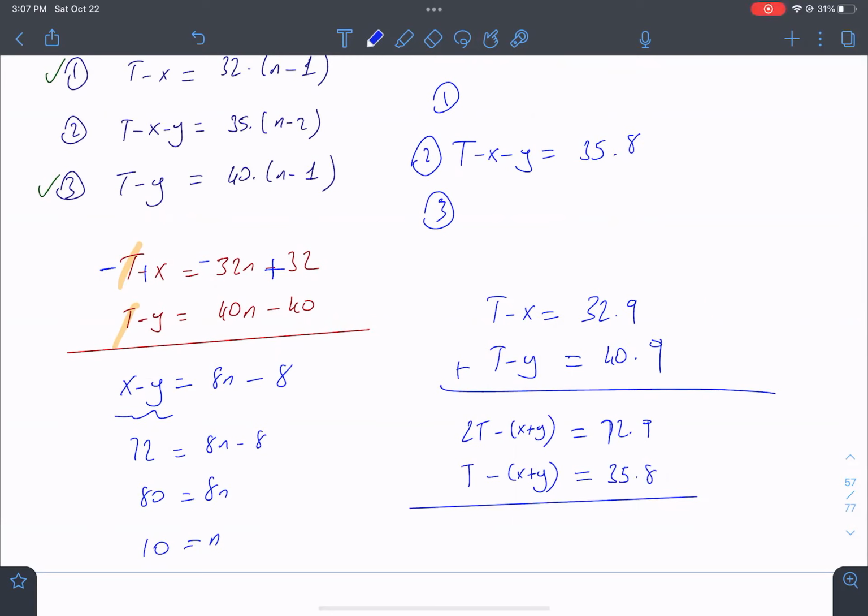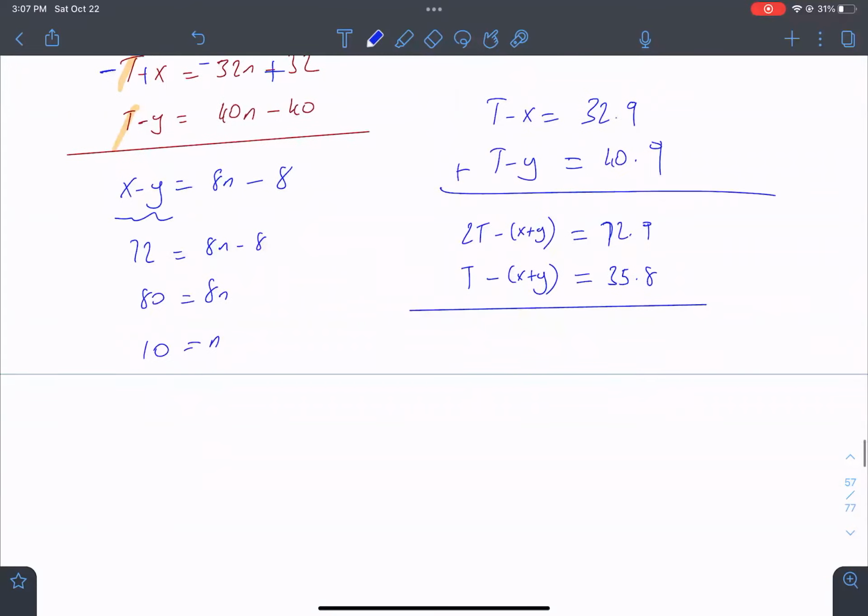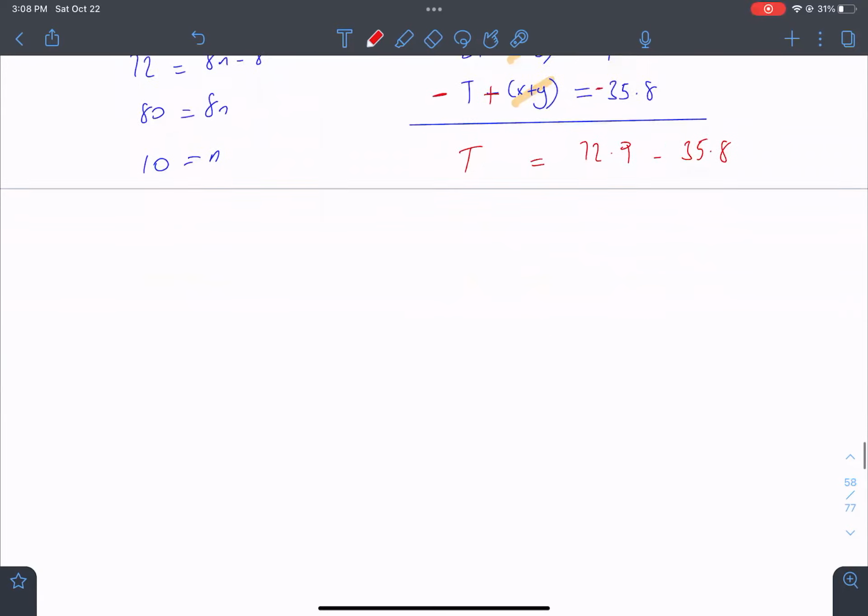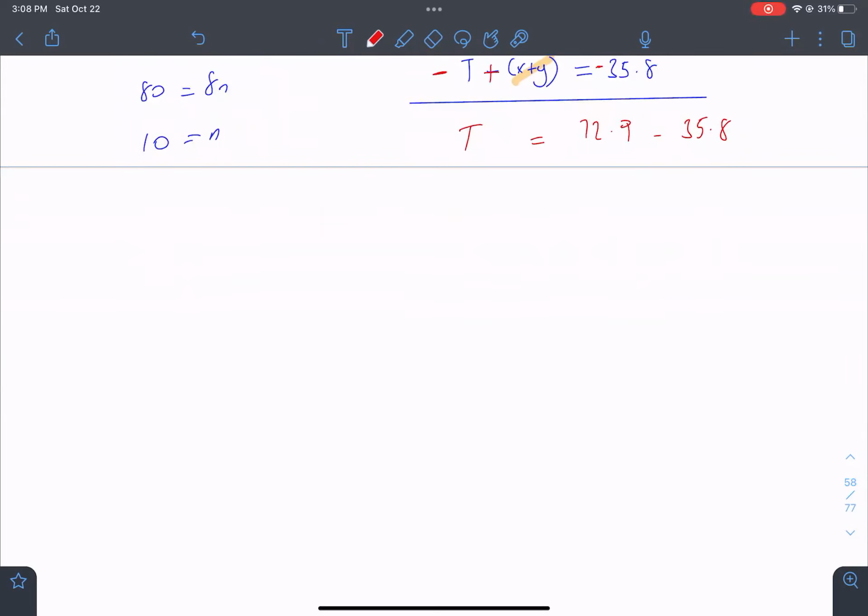I am looking for T. If I find T, I can find the average. So let's subtract the second equation from the first. 2T minus T is just T, and the x and y cancel out. What I have here is 72 times 9 minus 35 times 8. Then I found my T, I found my n. Now if I calculate T, I can get the average.